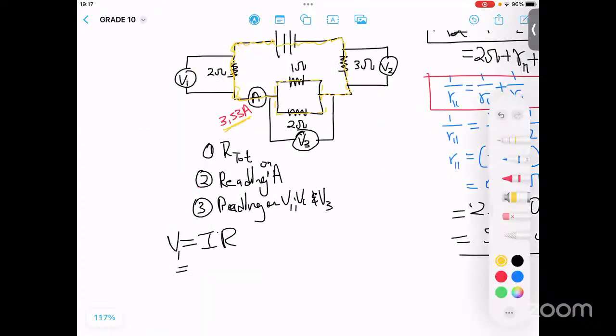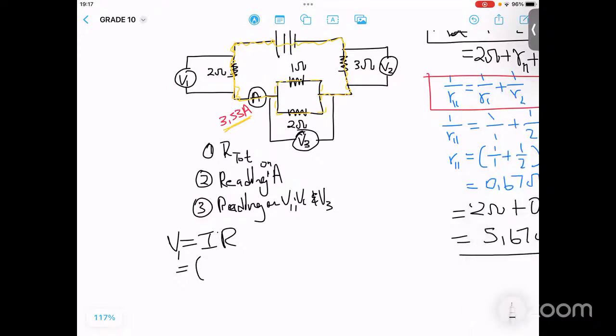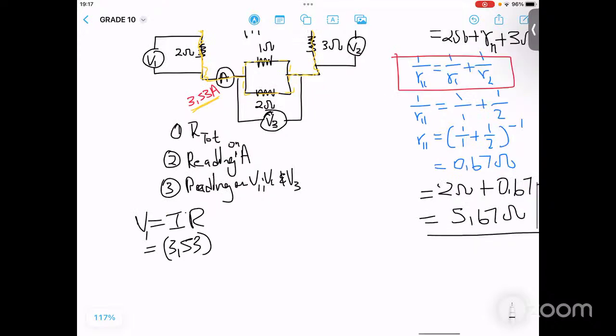The only place where it changes is at that parallel connection. But anywhere else, it is that 3.53. Remember, V1 is connected across the 2 ohm resistor. That's why for R, I substitute that 2 there. So now, let us see. It looks like I need to switch on the light so that I can see my calculator.